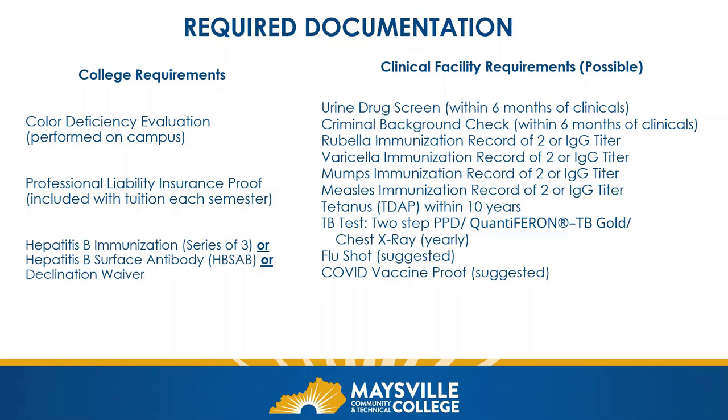A 2-step TB skin test, which is 2 TB skin tests within 3 weeks of each other, or a QuantiFERON TB Gold or chest x-ray. Flu shot and COVID vaccine are also suggested simply because of the time of year we are in clinical rotation at our clinical affiliates.